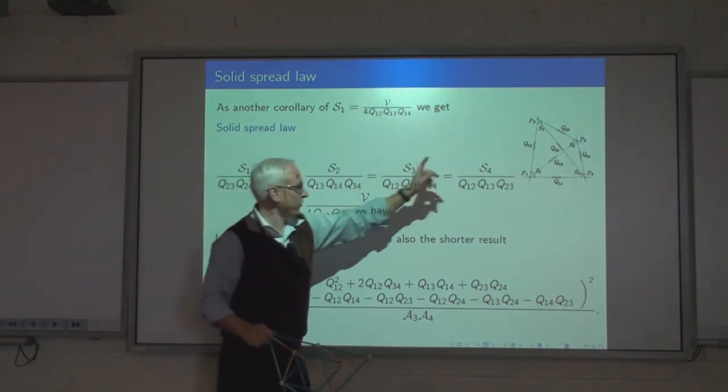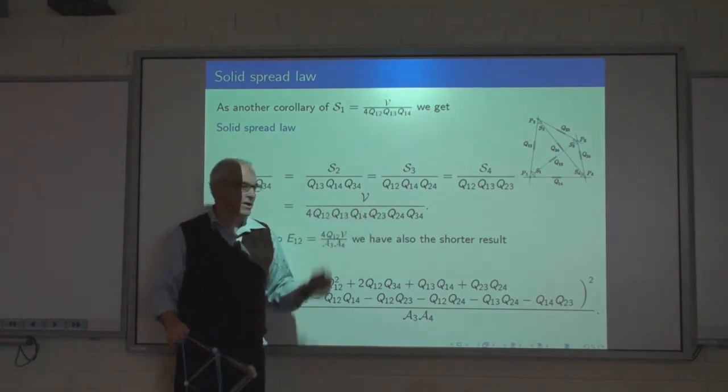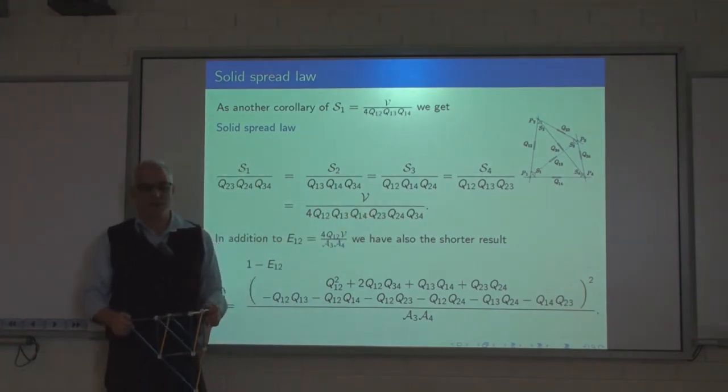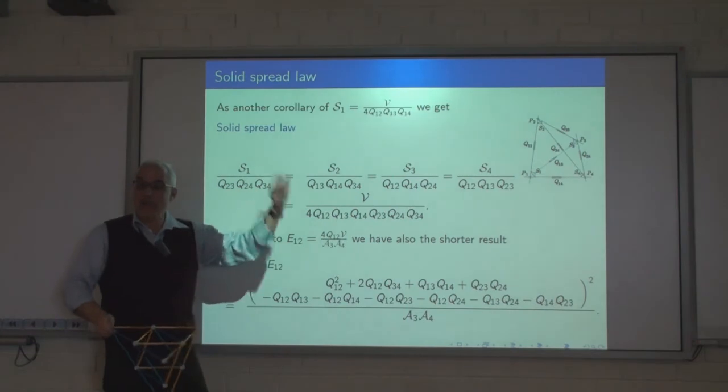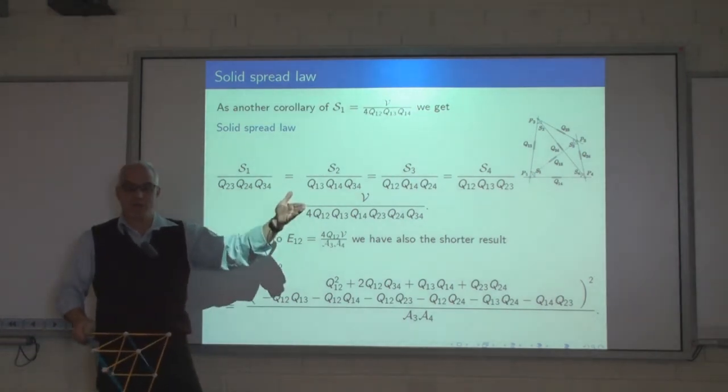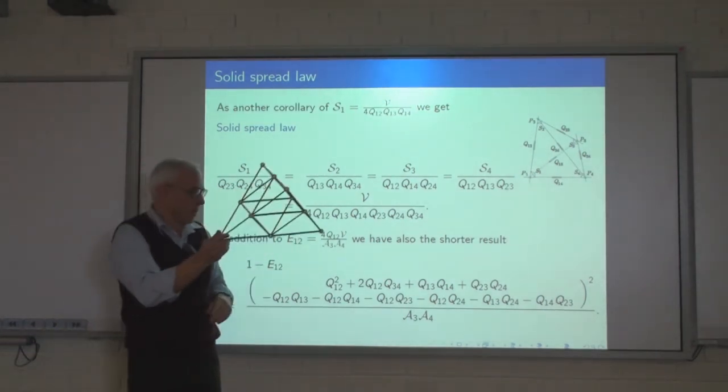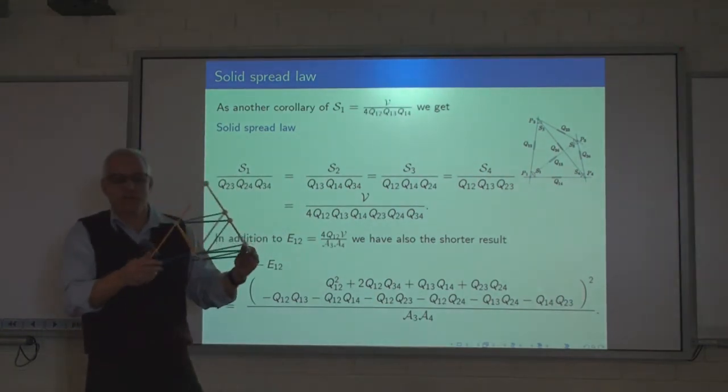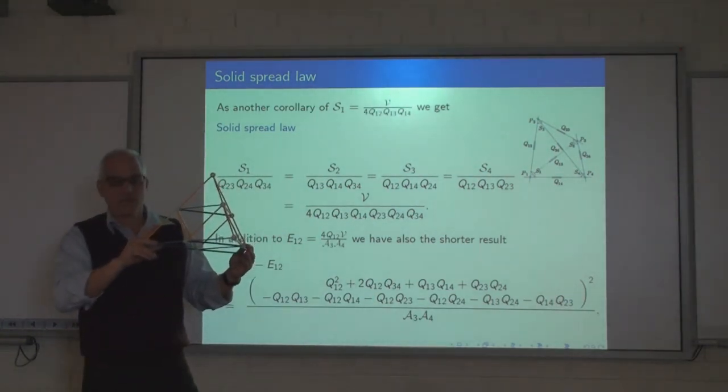So this equals this equals this equals this, and this is sort of what you can write down what the right-hand side is. It's a three-dimensional analog of the spread law, showing that this notion of solid spread really deserves to be the kind of right notion.